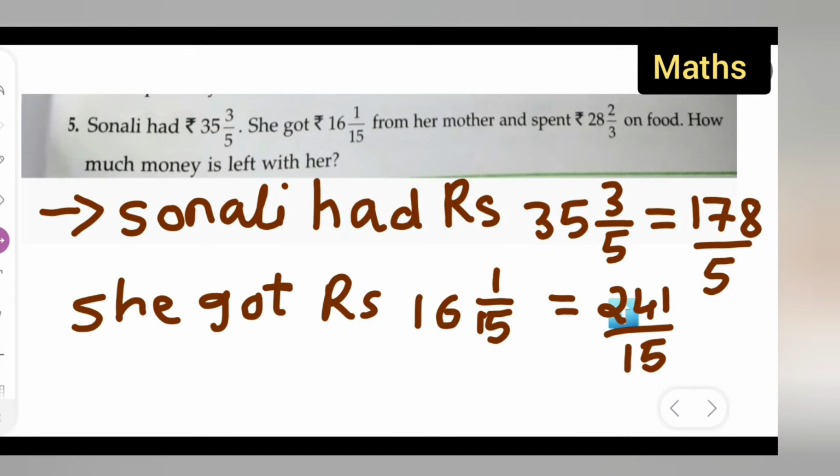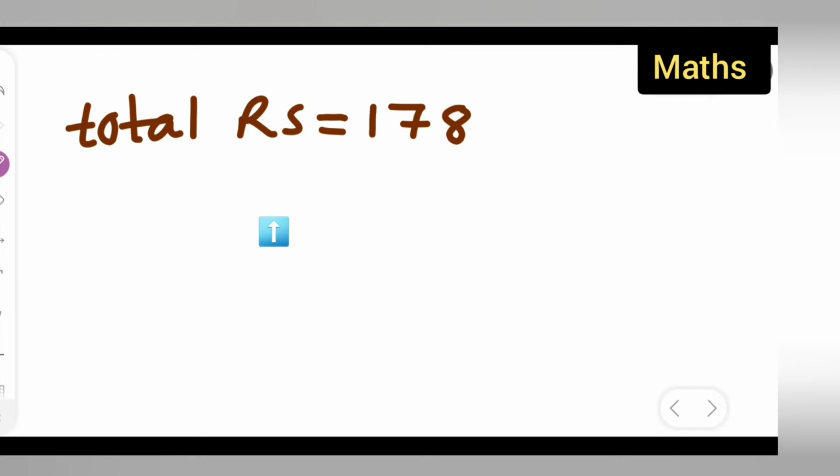Now for the total rupees we have to add both of these. Write down total rupees is equal to 178 upon 5 plus 241 upon 15.